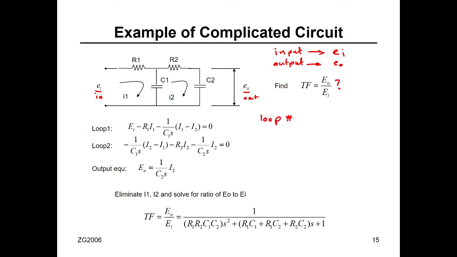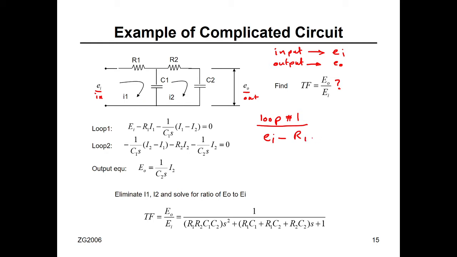Loop number 1. What's the equation of motion? You start with your source, E in, minus the voltage across R1. You need to define, by the way, the current here and the current here in the same direction. So you're going to call this I1 and this I2, just like a degree of freedom in a mechanical system. You need to define the degrees of freedom.